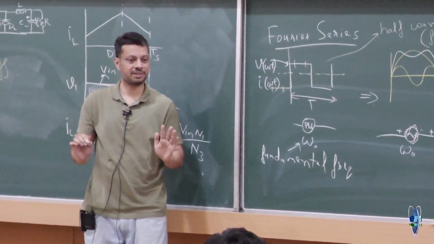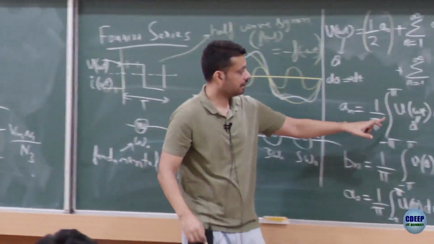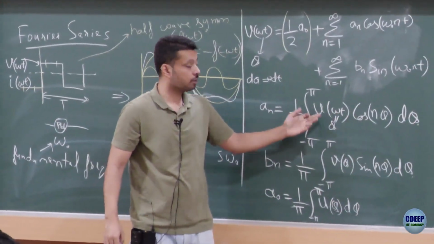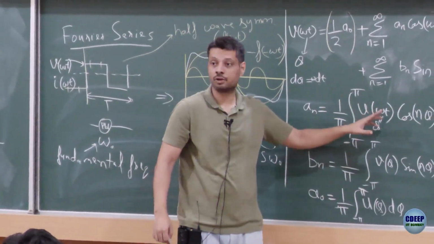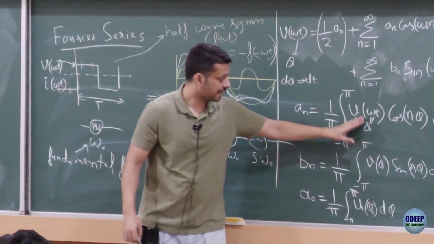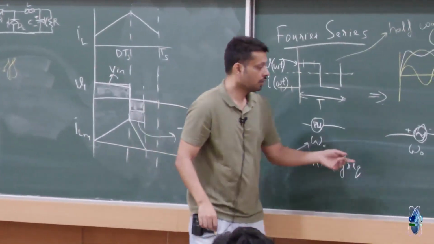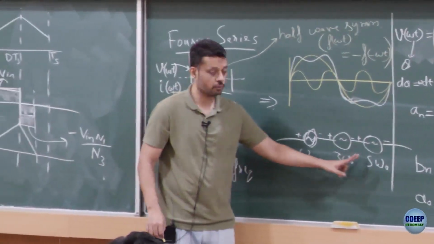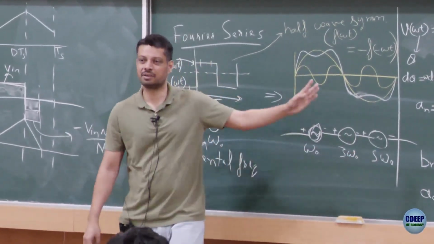This I am sure you would have studied, half wave symmetry. If you have half wave symmetry, you can substitute here v of omega t is equal to minus of v of minus omega t. You can simplify this integral for n equals 2, where there is a sine and a cos. You will find that it will come out to be 0. That means there is no second harmonic here, no fourth harmonic here. There is only third harmonic and fifth harmonic. You can go back and solve it.